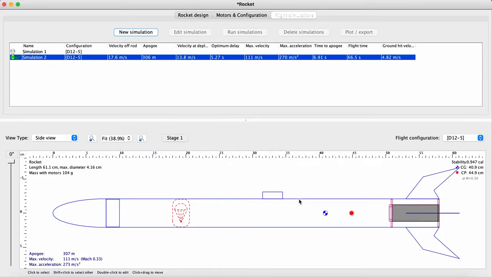The final parts of the lab, you're going to do 6 more simulations, 3 of which you're changing the fins, and 3 of which you're changing anything else. It could be the shape of the nose cone, it could be the length of the body, and you want to see what maximizes the velocity and altitude of your flight.